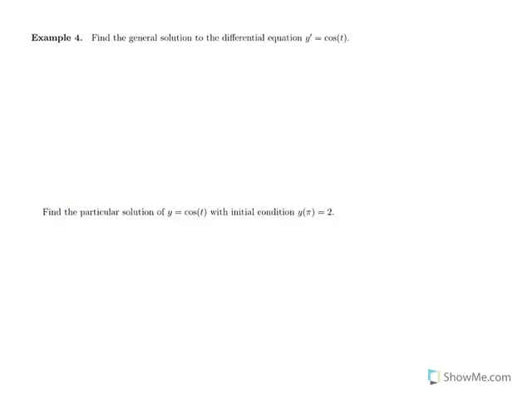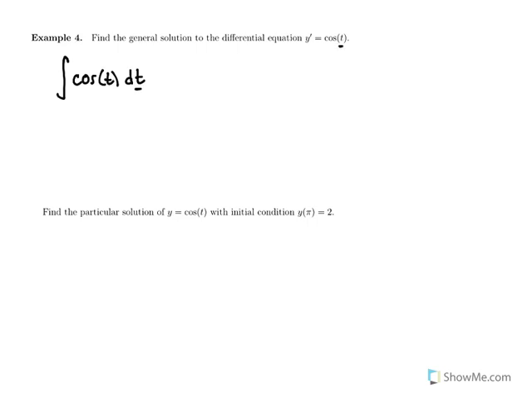All right, last example here. Let's look at an initial value problem. First, let's find the general solution to the differential equation y prime equals cosine. We know that we can take the antiderivative of cosine with respect to t. Why are we doing t?